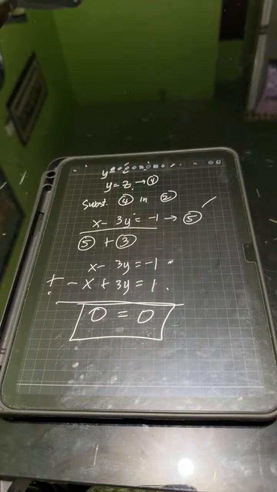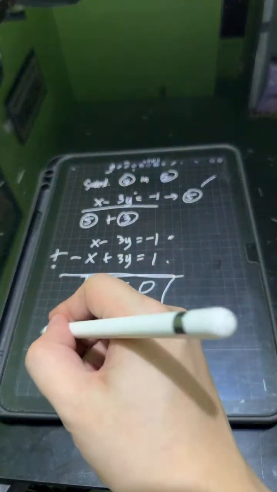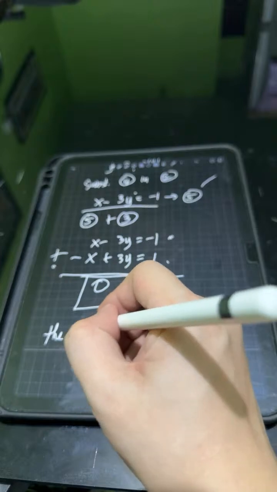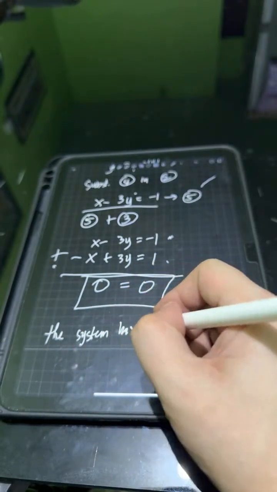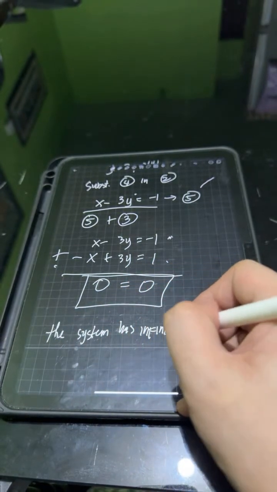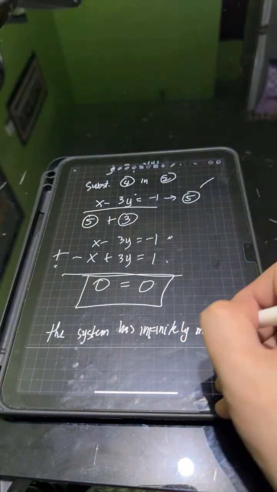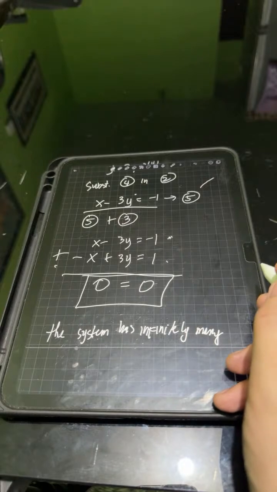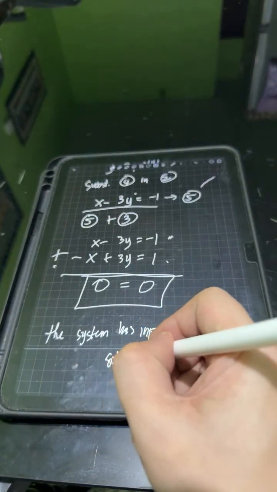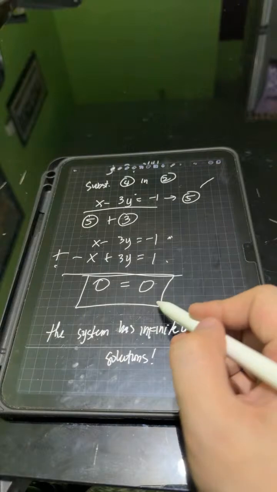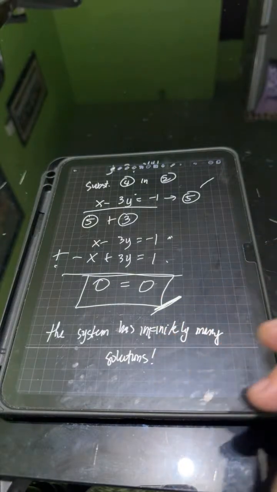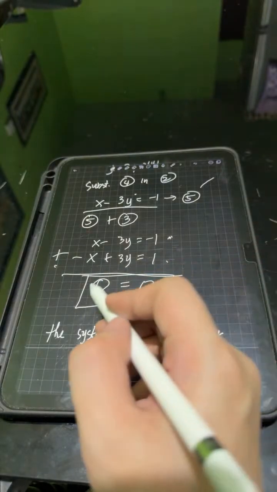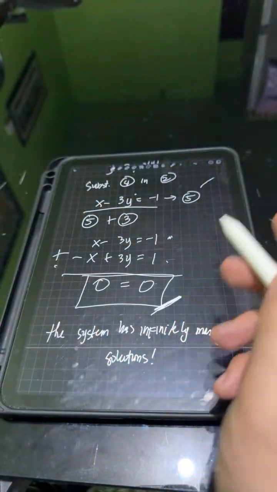Meaning that the system has infinitely many solutions. Okay? Because what we have here is a true statement that 0 is indeed equal to 0.